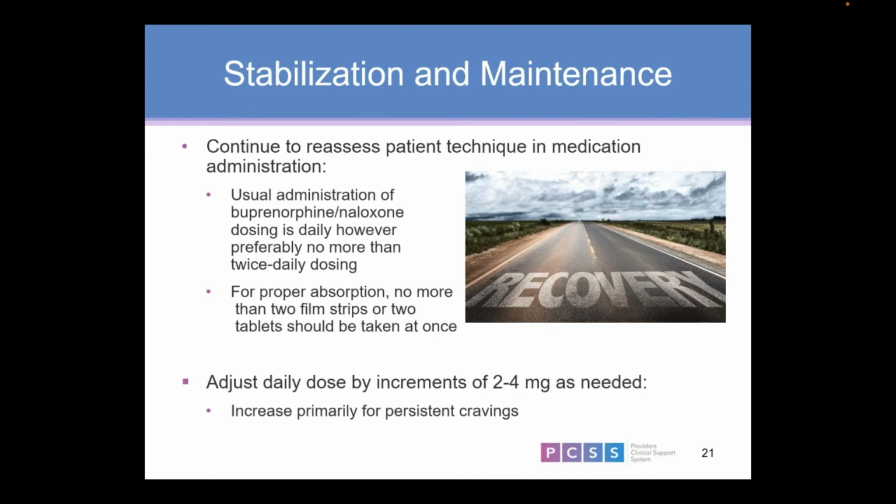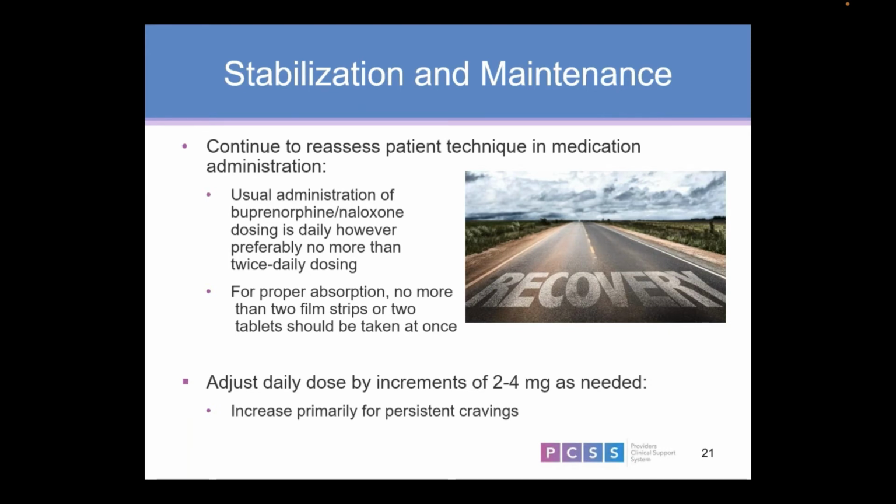I just encourage patients to recognize this does have a long half-life and has slow dissociation from the opiate receptor, so they shouldn't have to take it more than once a day, but it's not a problem if they choose to. If they are going to be taking more than 2 strips or 2 pills a day, then it should be done in a split dose. So you don't put 3 tablets in your mouth at the same time.